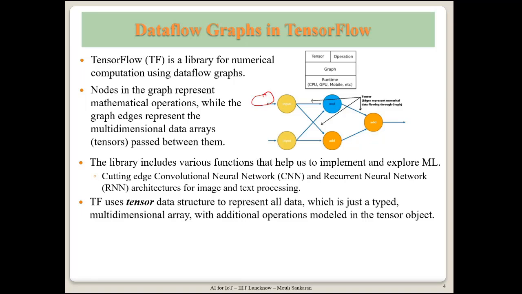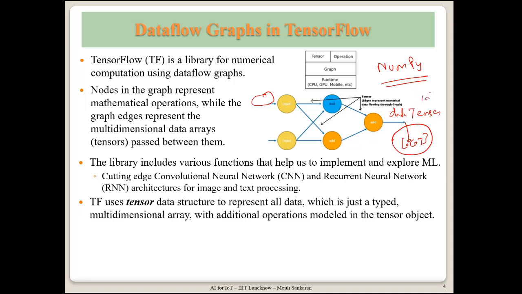Now one more thing from the NumPy you learned, you need to remember: we have the same data type. If you assume the tensor as a structure of some multi-dimensional array, each individual element in it can be of only one data type.